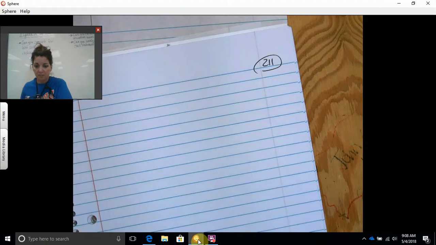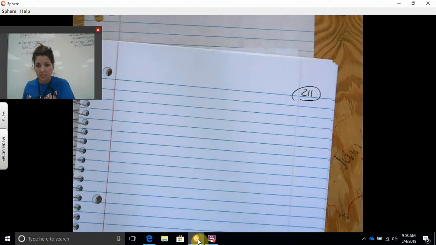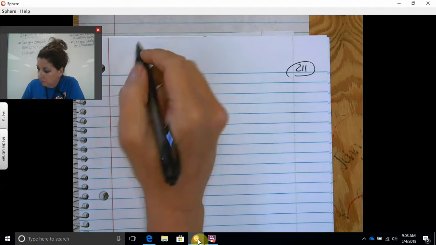Right, page 211. This is geometric sequence and series.